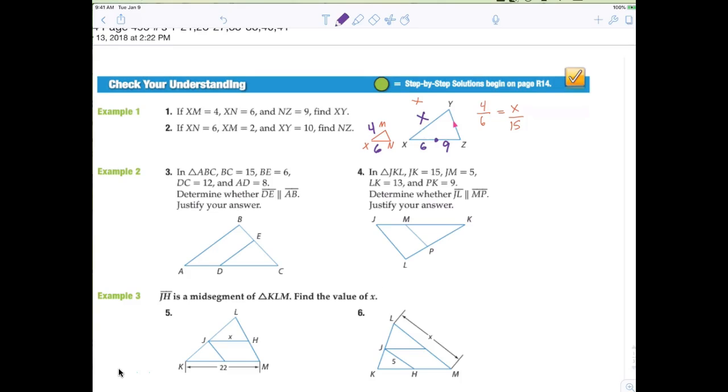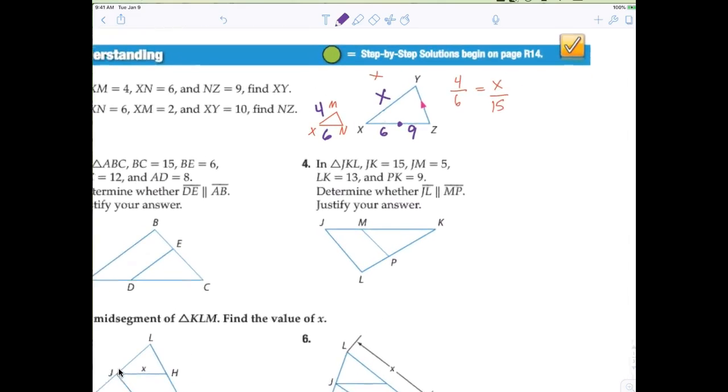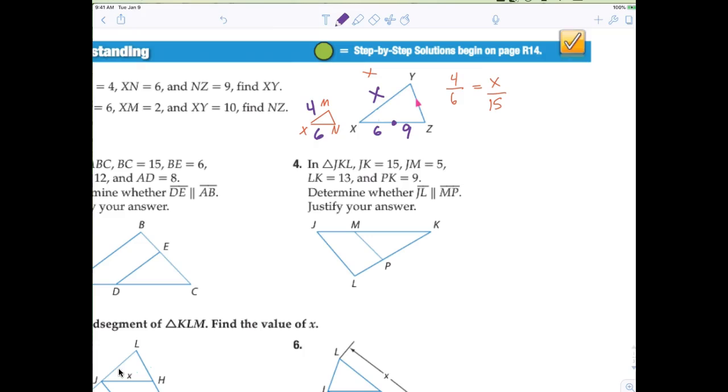Now when you cross multiply, what does X come out to be? 10. But if people did it the other way over 9, then you could just add the 4. Anybody have any questions? It's just easier to get it done in one swipe.